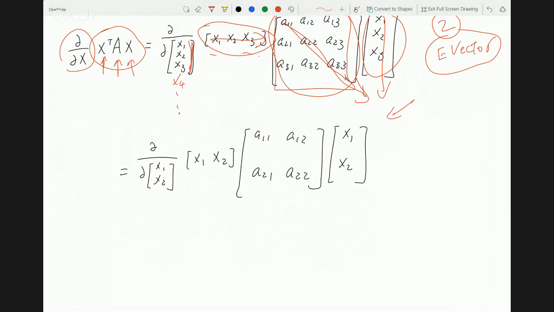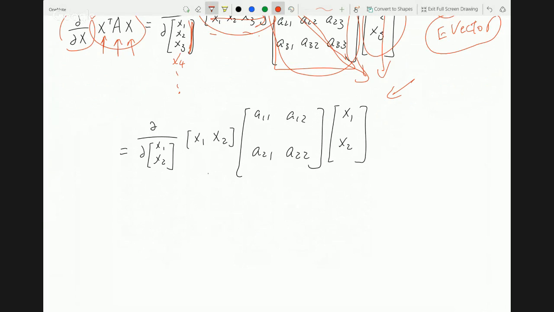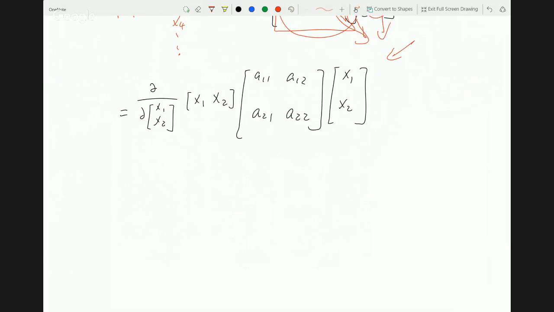And the idea is really simple. You just multiply them out, right? So it will look like this: a11 x1 plus a12 x2, and then a21 x1 plus a22 x2. So the first thing I did is I multiplied them together.